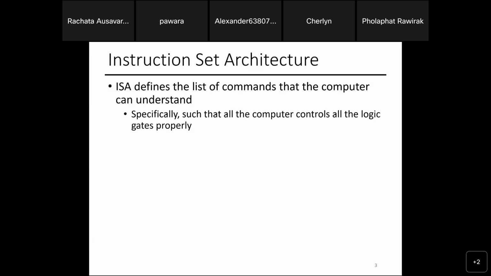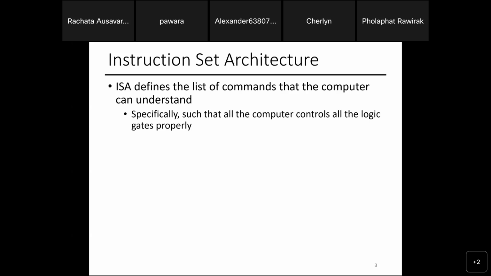Out of curiosity, has anyone heard about this x86 ISA? These are what is used in AMD and Intel processors. How about the ARM ISA? Good. Yeah, so ARM ISA is used a lot in mobile phones. Also the M1 and M2 chips from the MacBook.